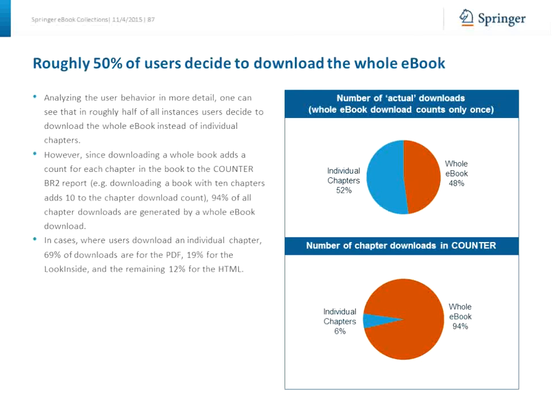So we showed you that on Springerlink you can download the books either by chapter or by whole book. And if we look at the actual number of downloads, you see that about 50% of users choose to download the whole book and want to read it cover to cover. And about half of the users just need a couple of individual chapters. So there's a nice split in that.